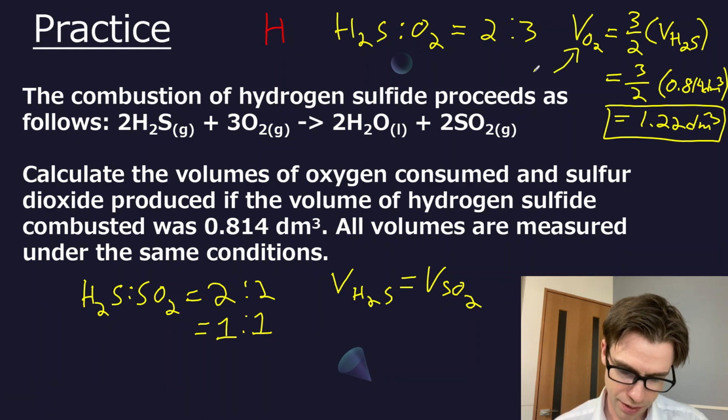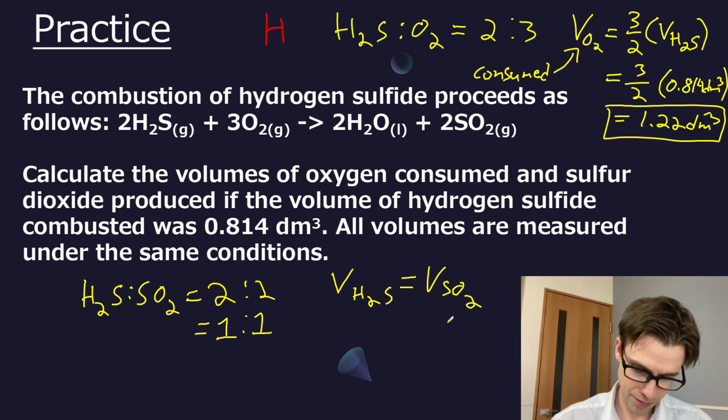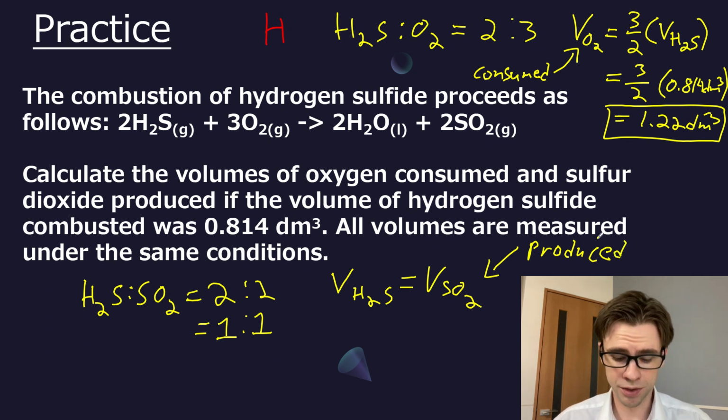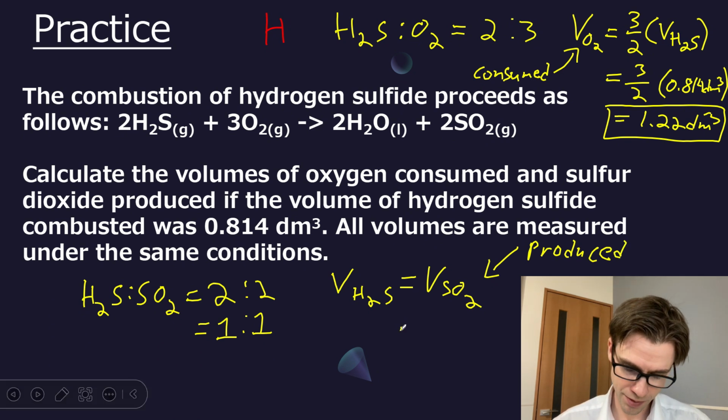Okay, so just to make this clear, the O2 at the top was consumed in the reaction, or it will be consumed. But this SO2 is produced on the right side of the equation, but it's still linked to the starting materials through ratios.